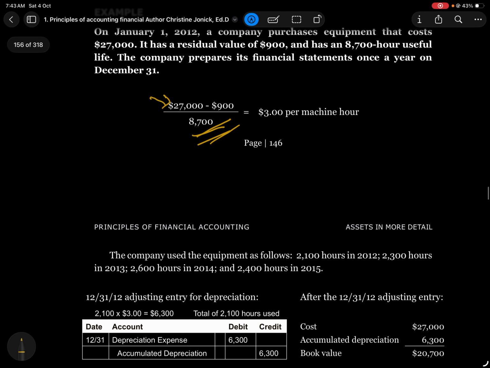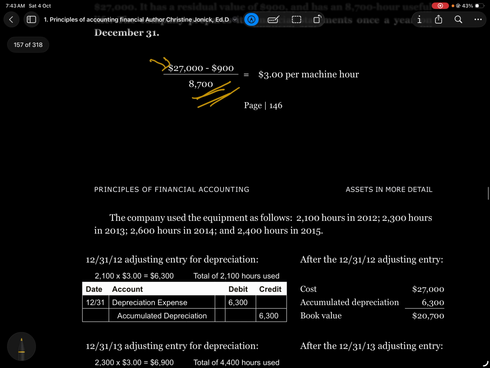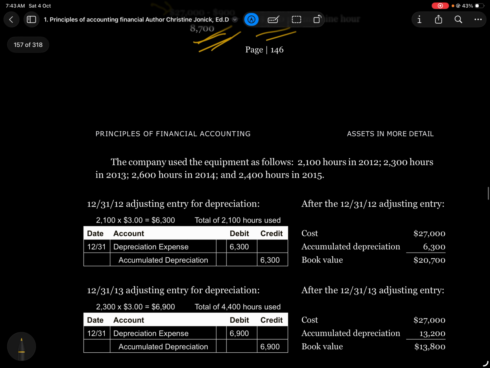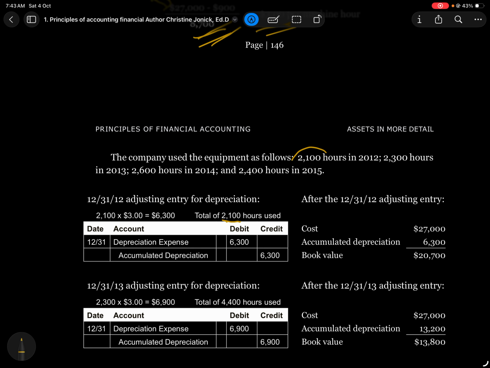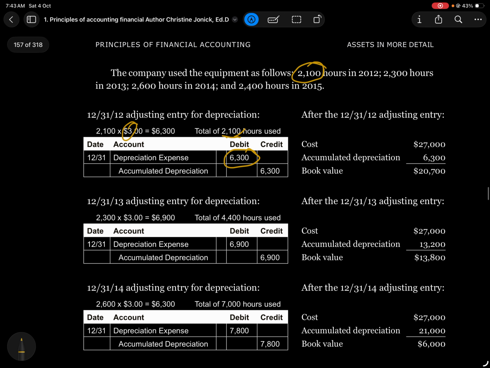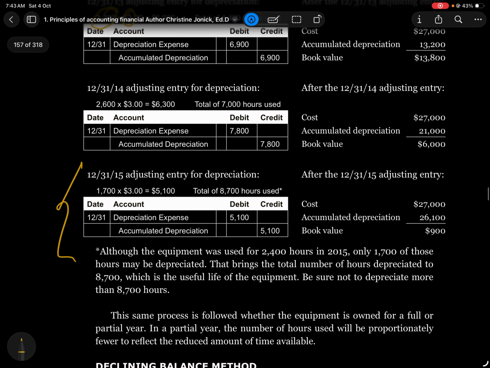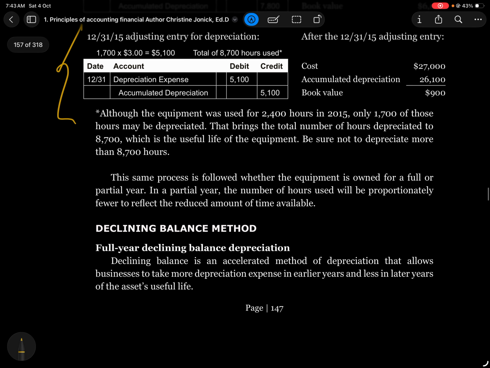Whenever we are depreciating, we first calculate the per hour depreciation rate, and then how many hours we have used in that particular year. Based on that, we depreciate it. So 2,100 into $3. Similarly, next year 2,300 into $3, right? So that's how we can do it as well, based on useful life.